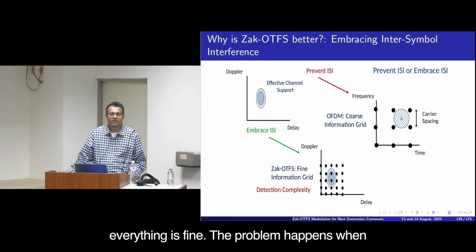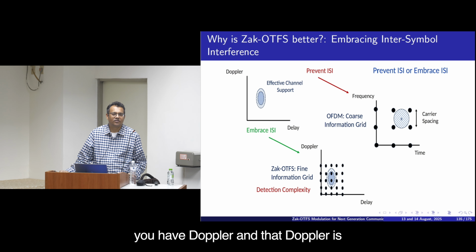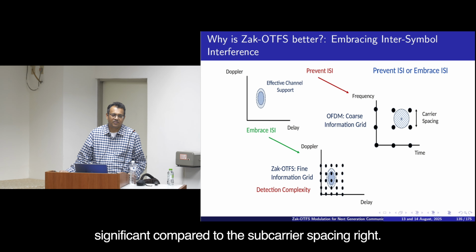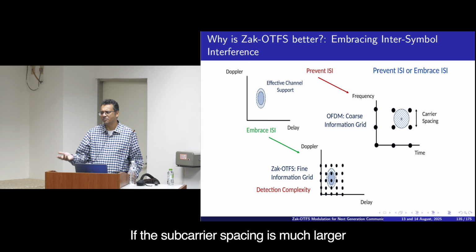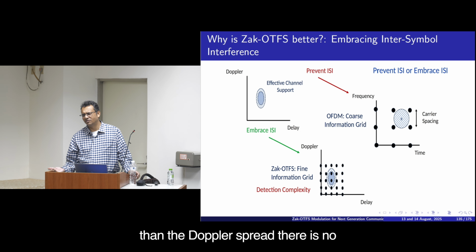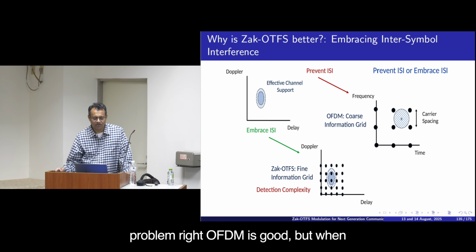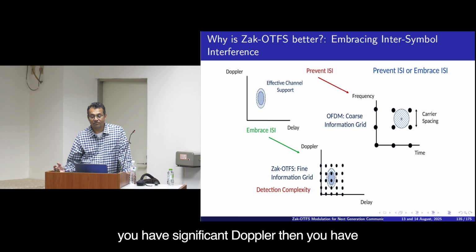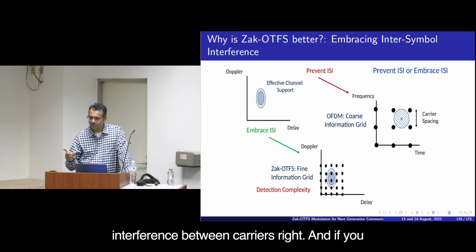The problem happens when you have Doppler, and that Doppler is significant compared to the subcarrier spacing, right? If the subcarrier spacing is much larger than the Doppler spread, there is no problem. OFDM is good. But when you have significant Doppler, then you have interference between carriers.